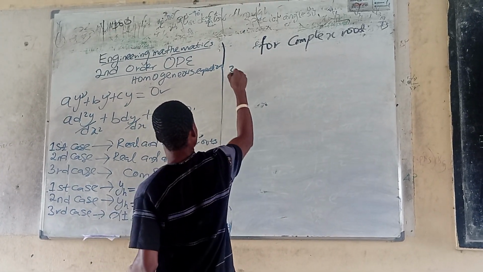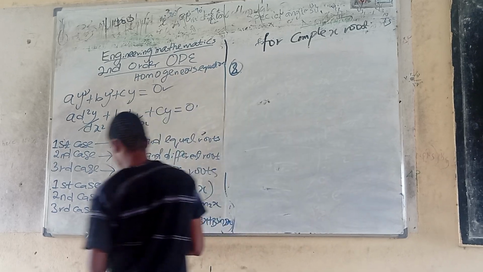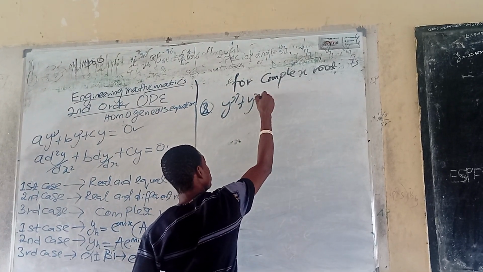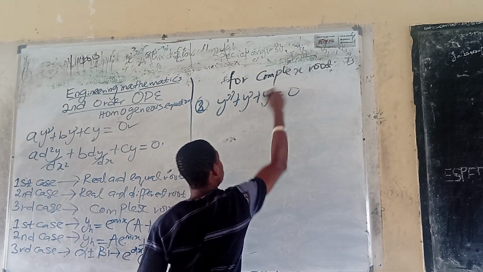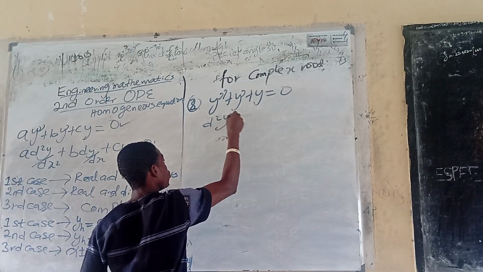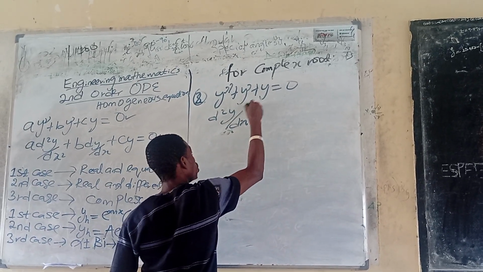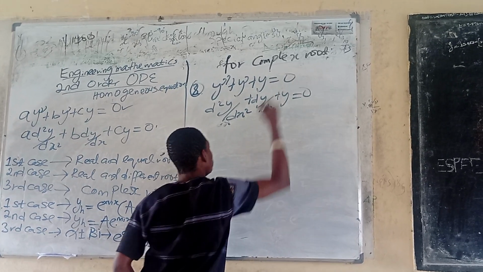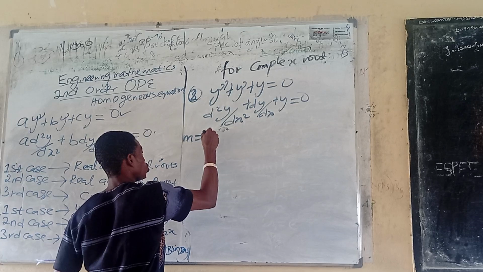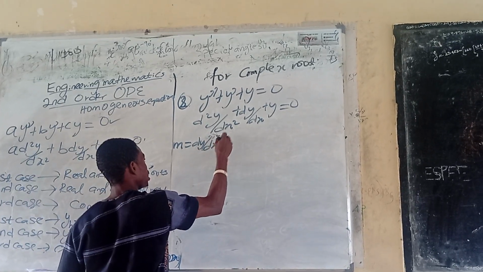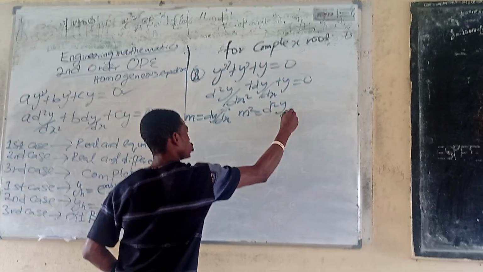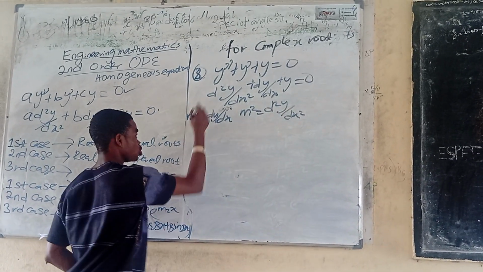Example 2 for complex roots: y double prime plus y prime plus y equals 0. So this will be d squared y over dx squared plus dy over dx plus y equals 0. Now m equals dy over dx, and m squared equals d squared y over dx squared. So substitute them in.